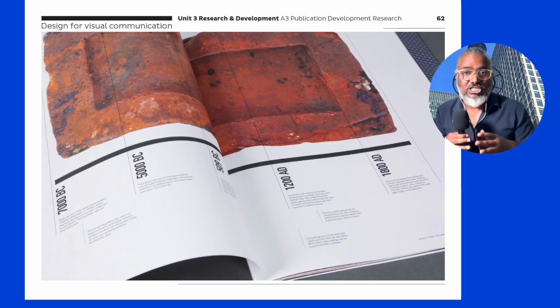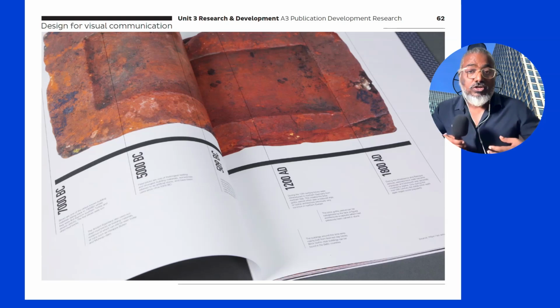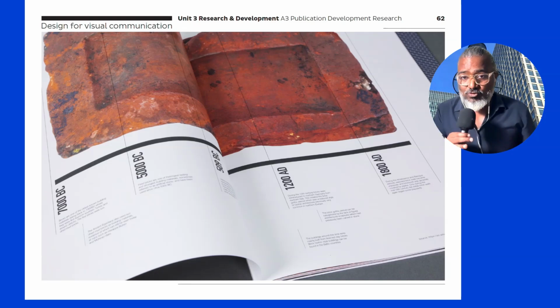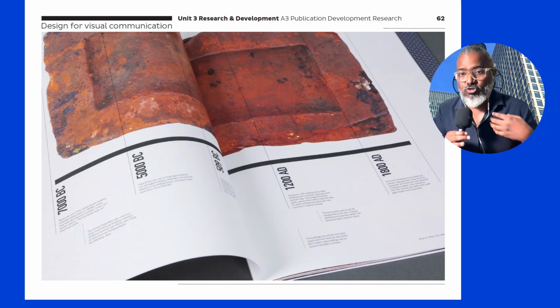So this exercise is all about how you use visuals to communicate a message. Therefore, this particular course is called Design for Visual Communication. I hope you started understanding the power of using visuals to communicate, build narratives, and create communication materials.